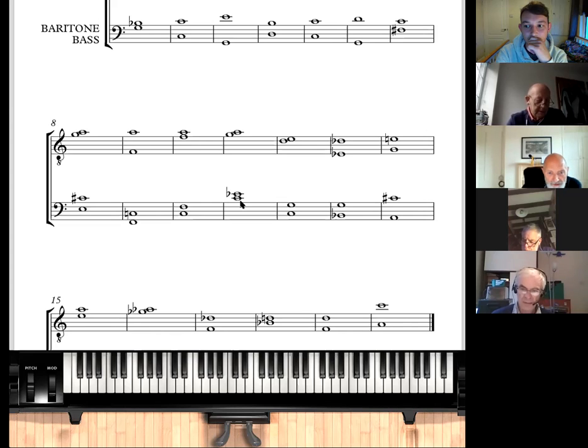Let's see. Pick out the notes there that you know would be part of a chord that you're familiar with, and then the one that is not part of that chord is the defining note. A, B, C. G. A, C, E flat.